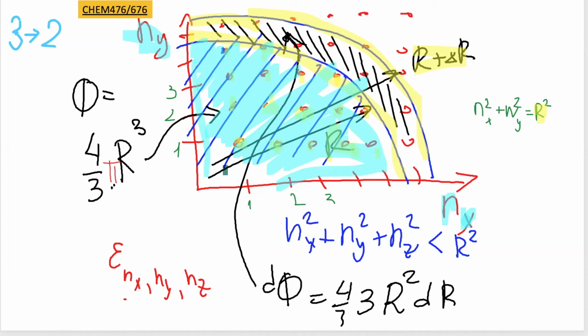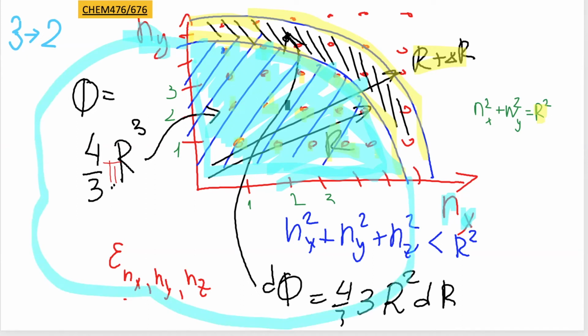Of course, a circle is defined everywhere on the whole plane. But since quantum numbers have only positive values, we take 1/4 of the circle. The correct word would be quadrant. So we take only positive nx and ny. So how do we find the area of the blue space?